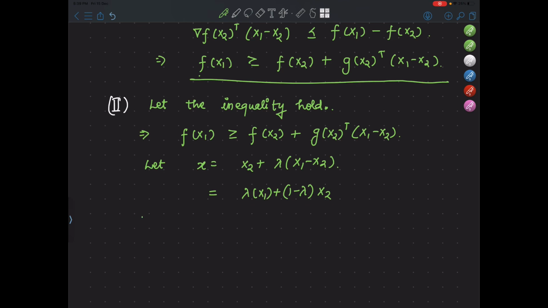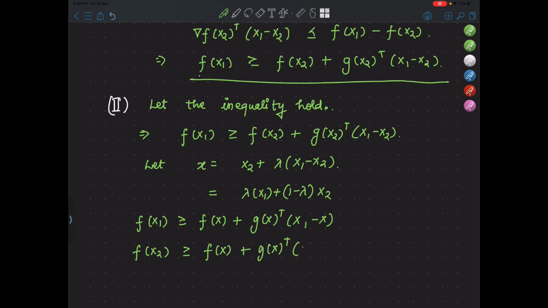Because the inequality is correct, we can write f(x1) is greater than or equal to f(x) plus g(x) transpose (x1 minus x). We can also write f(x2) is greater than or equal to f(x) plus g(x) transpose (x2 minus x).